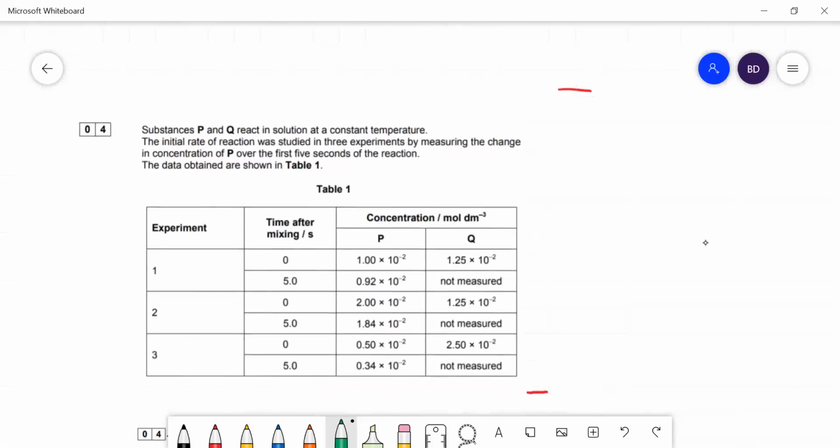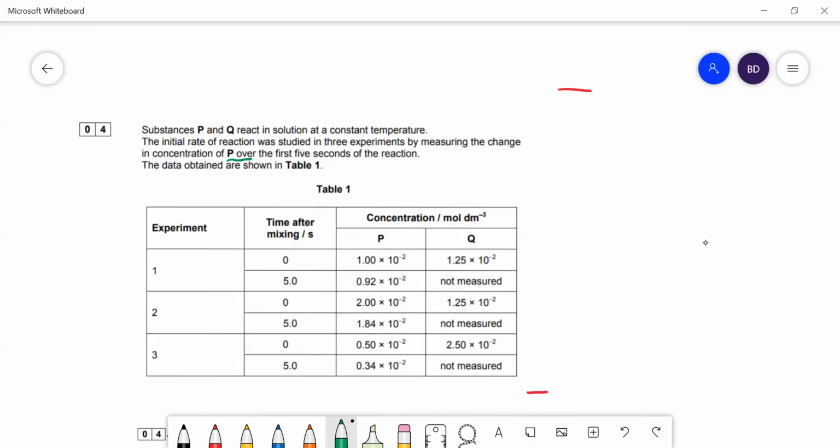Right, P and Q react in solution at constant temperature. The initial rate of reaction was studied in 3 experiments by measuring the change in concentration of P over the first 5 seconds.